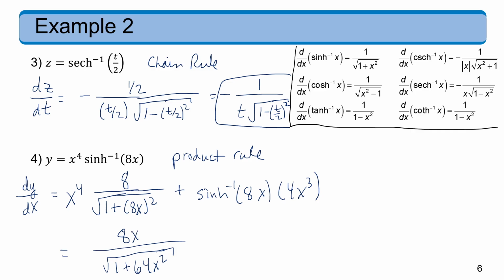So 8x to the 4th. Now on the second term, it always looks better if you have something multiplied at the end of a function like this. It's better to put that in the front. It's just easier to read that way. So 4x cubed times this inverse hyperbolic sine of 8x.